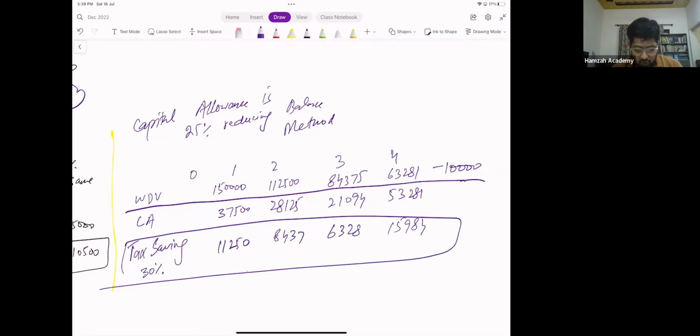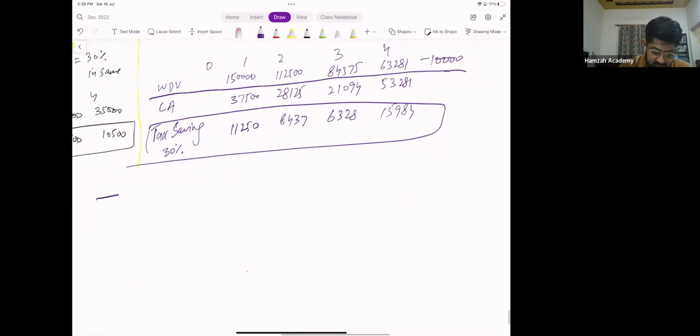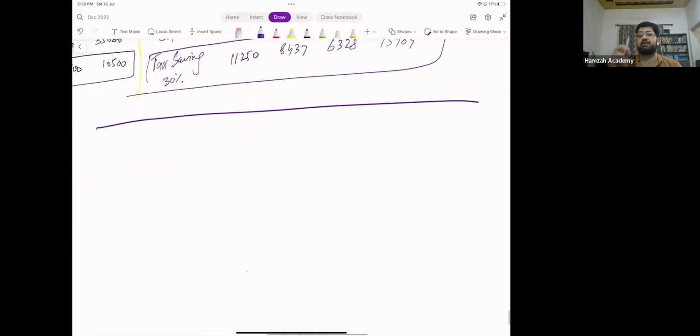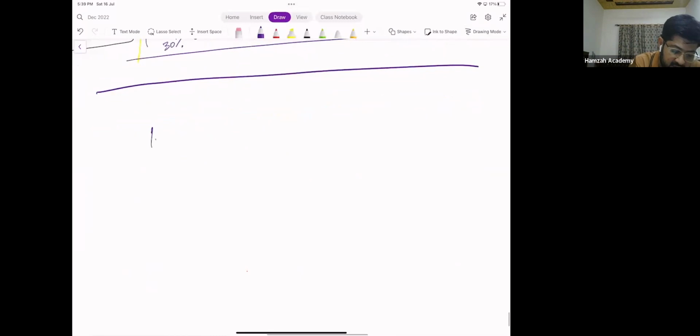Now, students, I hope you have noted it down. I will be writing a point here and you will be calculating tax saving on capital allowance on paper, and you'll be sending the picture in the WhatsApp group again. Initial investment is $75,000.